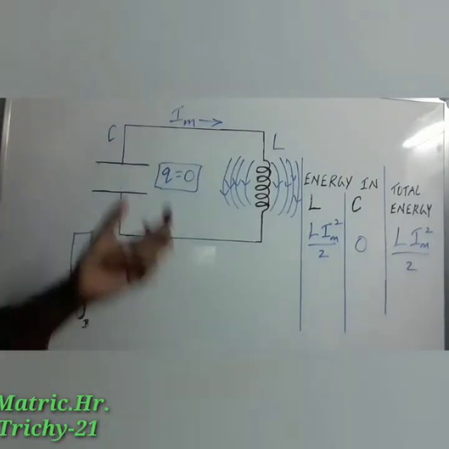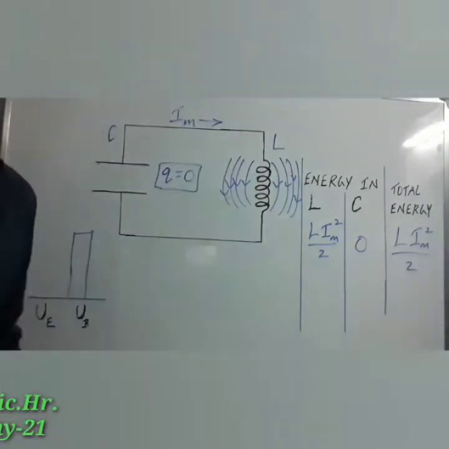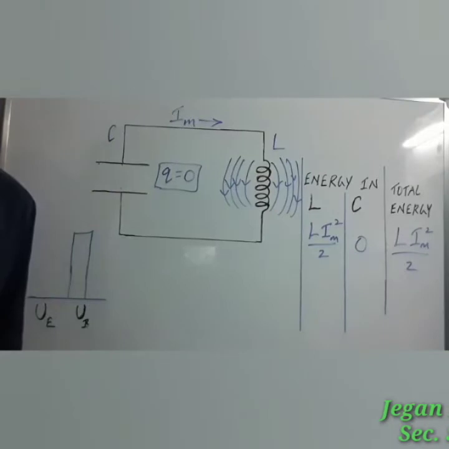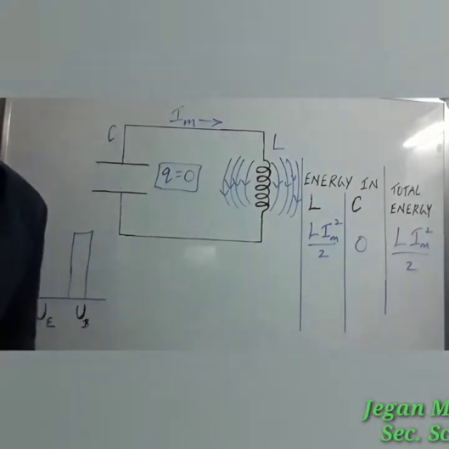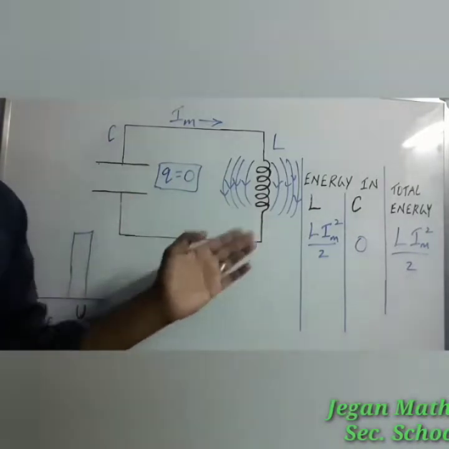Even though the charge in the capacitor is 0, the current will continue to flow in the same direction because the inductor will not allow it to stop immediately. That we have learned in Lenz's law. The current continues to flow with decreasing magnitude due to the collapsing magnetic field of the inductor. As a result, the capacitor begins to charge in the opposite direction.